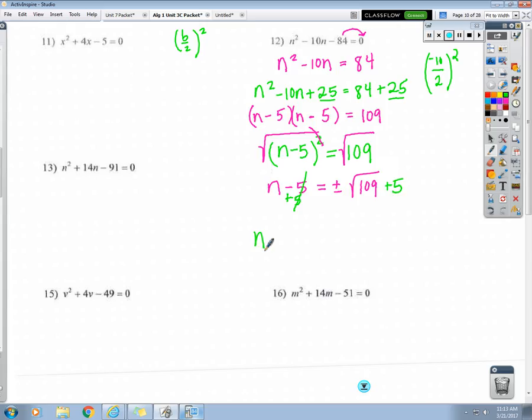And so in your calculator, you'll type in the square root of 109 plus 5 and the negative square root of 109 plus 5. Okay, so go ahead and type those in. Type in the square root of 109 and then on the outside plus 5 and then the negative square root of 109 on the outside plus 5.